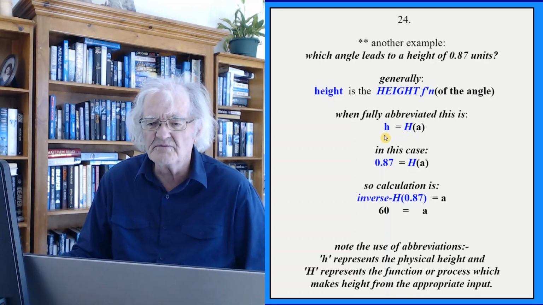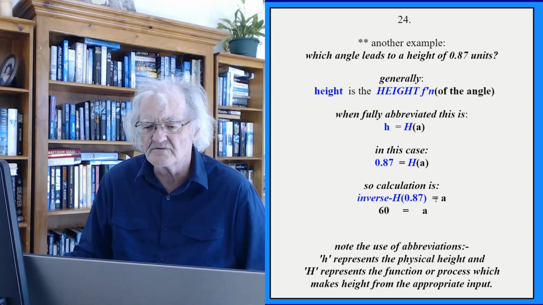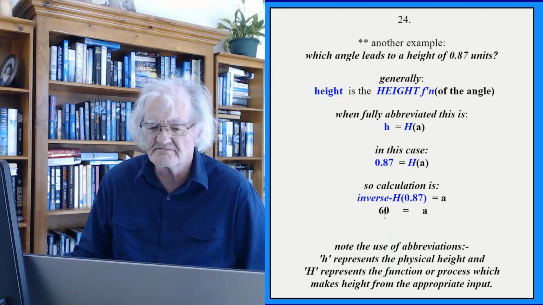So in this problem, 0.87 is the height function of some angle. So the calculation we need, the inverse of the height function, when applied to the 0.87, will show us the angle value. Or from the graph, or from a calculator, the inverse height for 0.87 is 60 degrees.